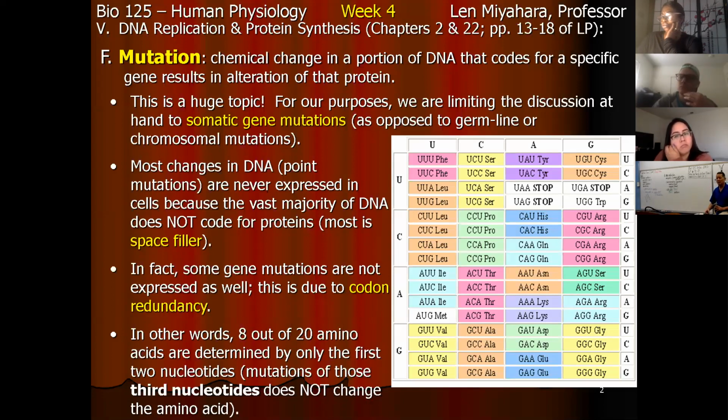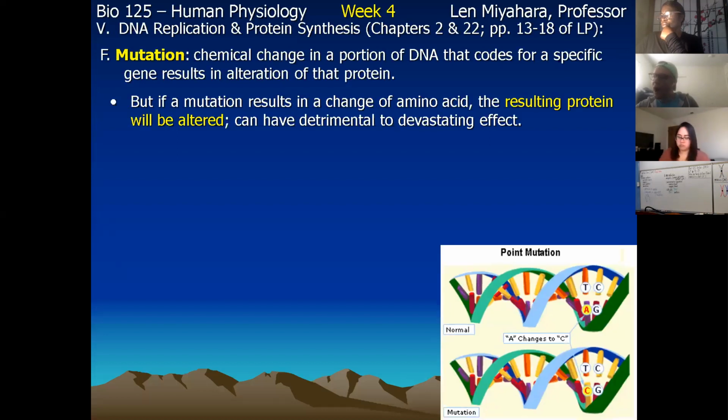And even if you do get a point mutation in a gene, if it's the third nucleotide, there is a decent chance, about a 1 in 4 chance, it will also be nada because the amino acid is unchanged. Questions on that? But it's got to be the third nucleotide. That's why it's in bold. If it's the first or second nucleotide, it's going to change the amino acid and you're going to get a screwed up protein. Okay?